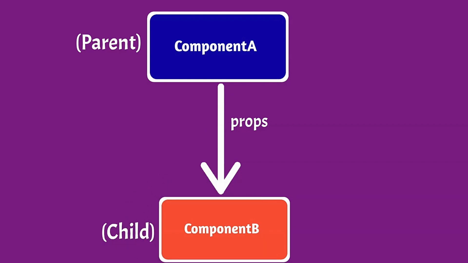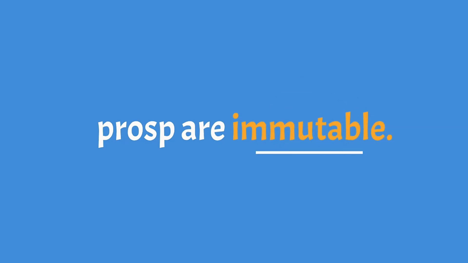Take note of this key point: props are immutable, which simply implies its value cannot be changed. Haven't understood all this? Head on to VS Code and let's practicalize it quickly.